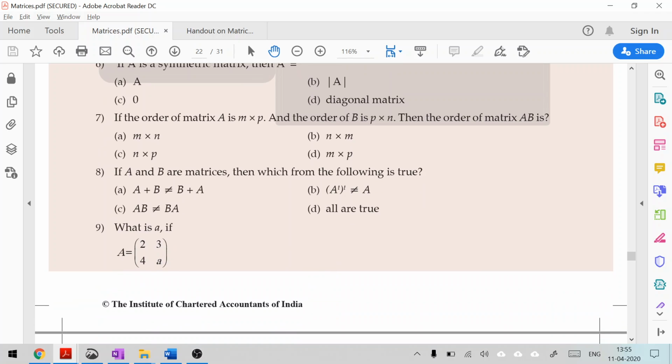Okay, seventh one, we will come to the seventh one when we learn multiplication. So I will have to do question number 4 and question number 7 for you when we do multiplication. Question number 8 also we will do after we learn multiplication.